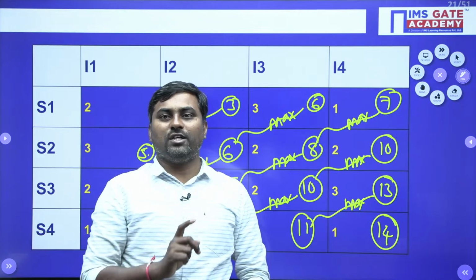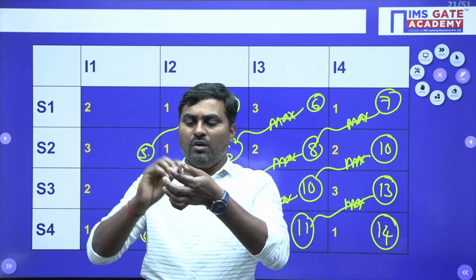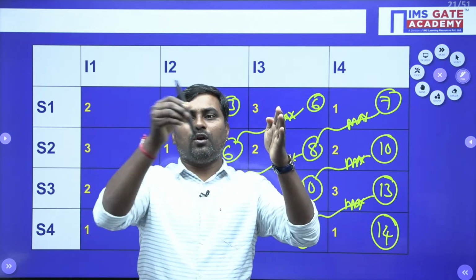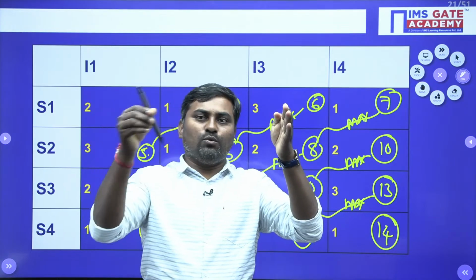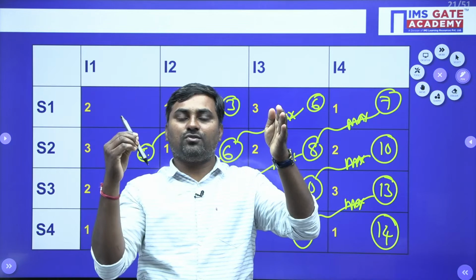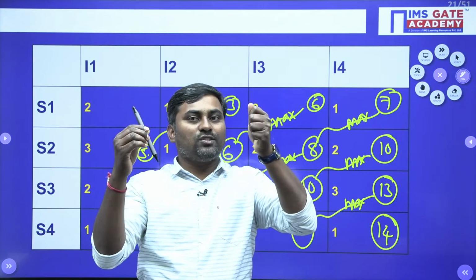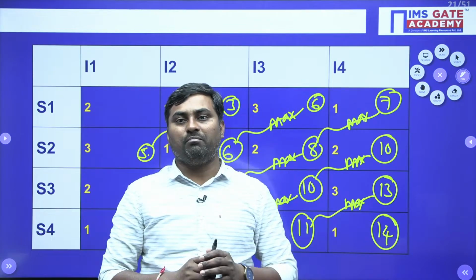Did you understand my statement? Whenever you want to allocate a particular stage to a particular instruction, this stage should be free from the previous instruction, and this instruction should be free from the previous stage.